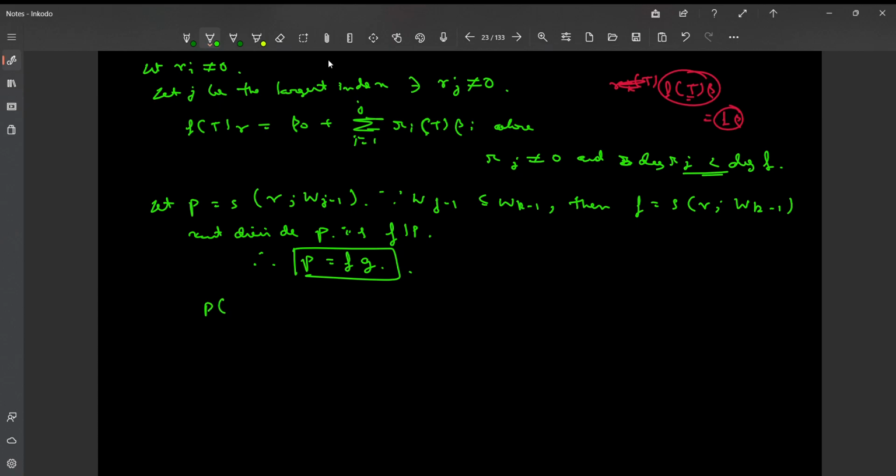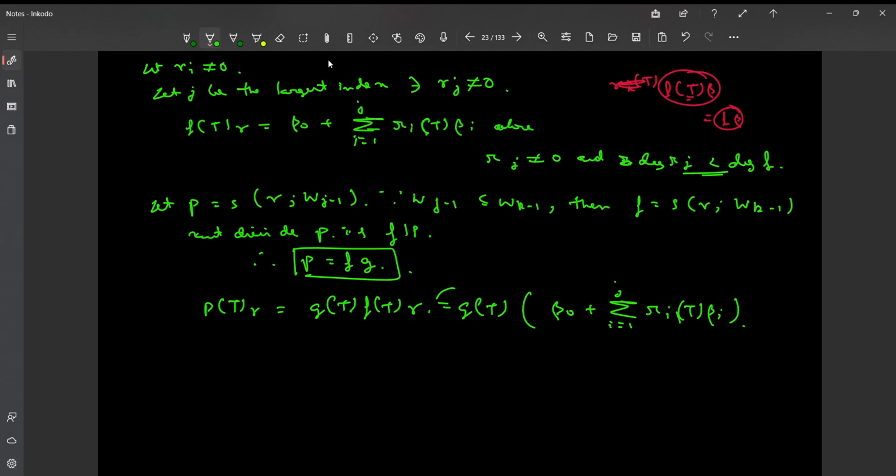Therefore, what can we say about p(T) of gamma? So p(T) of gamma is basically g(T) f(T) of gamma. Both of these are polynomials in T, so they will obviously commute, right? So it's g(T) f(T) of gamma. f(T) of gamma we had written as beta naught plus summation i equals 1 to j of gamma i beta i. So this is basically g(T) of beta naught plus summation i equals 1 to j of ri(T) beta i.